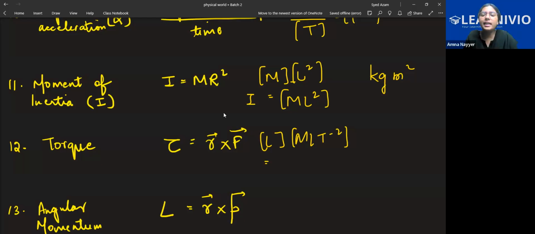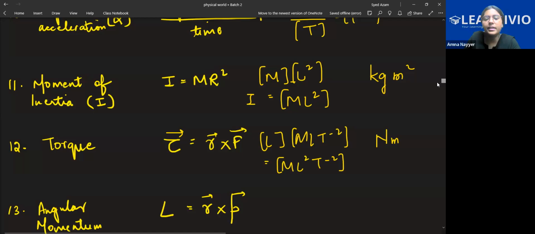So quantities that have direction are called vectors, but this is a big theory that you have a full chapter on. When you see these arrows, just keep in mind this has a direction. So the final formula will be M L square T to the power minus 2, and the unit will be Newton multiplied by meter. Now tell me the answer for angular momentum.